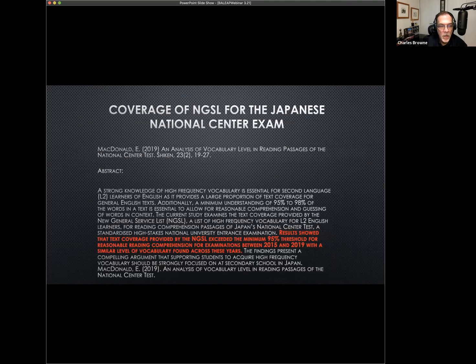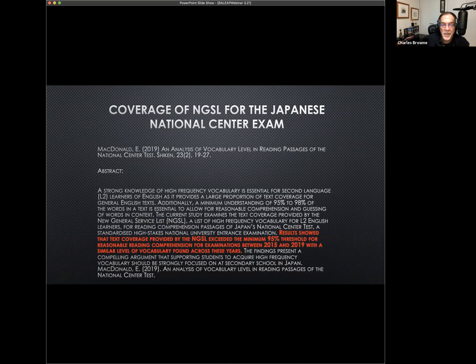There was an article published just last year looking at the National Center exam in Japan, which is one of the most important high-stakes exams of English in Japan for young learners. And they found that the NGSL is giving 95% coverage for examinations that were used between 2015 and 2019.